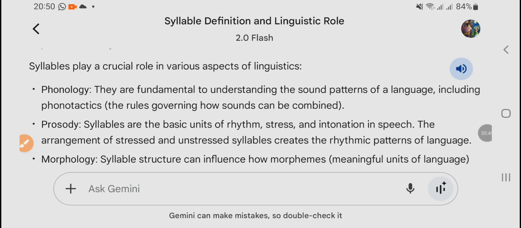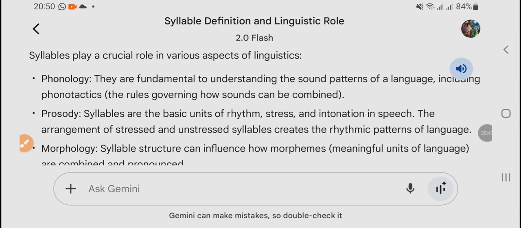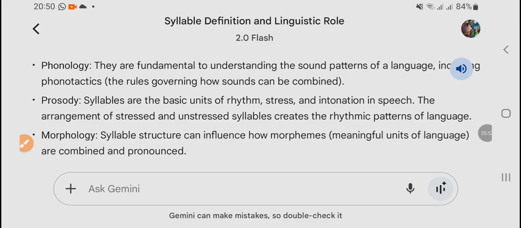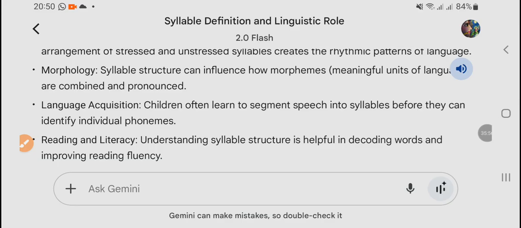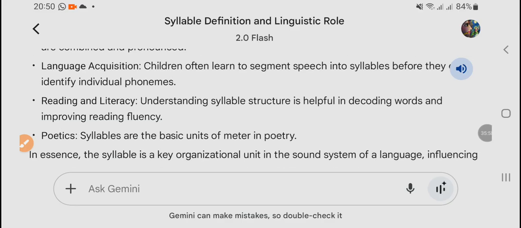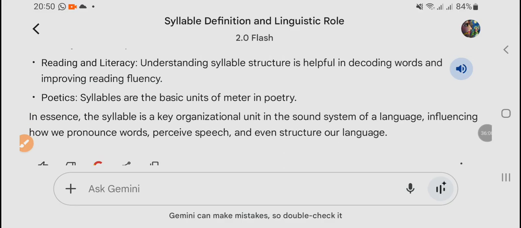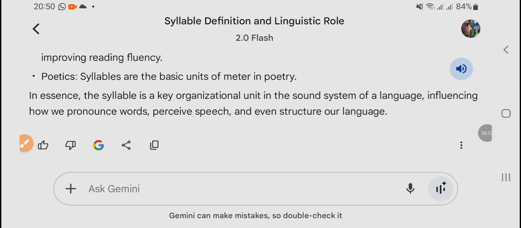Now syllables play a crucial role in various aspects of linguistics: phonology, prosody, morphology, language acquisition, reading and literacy, and poetics, right?